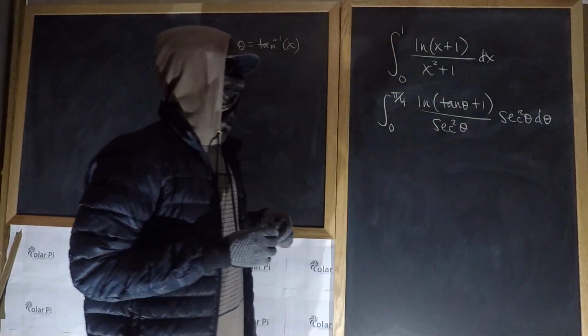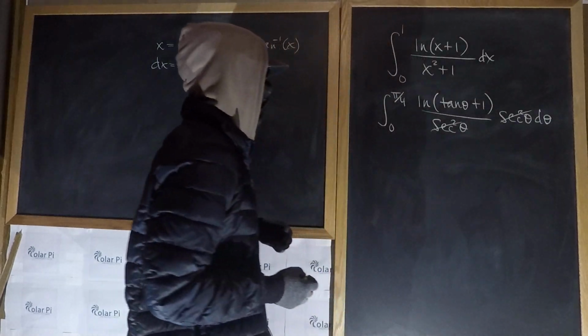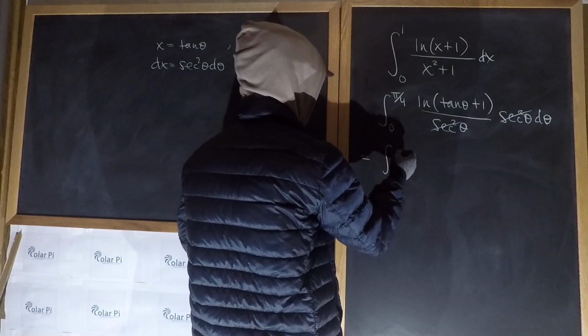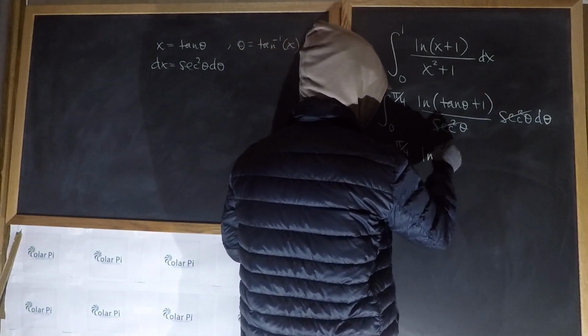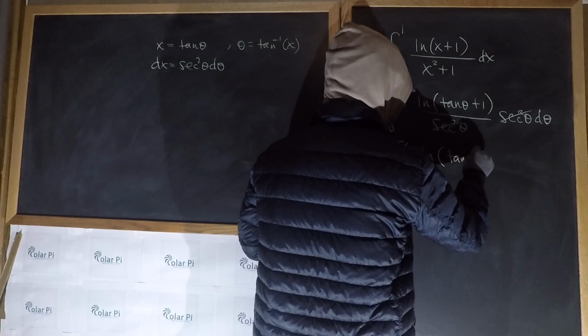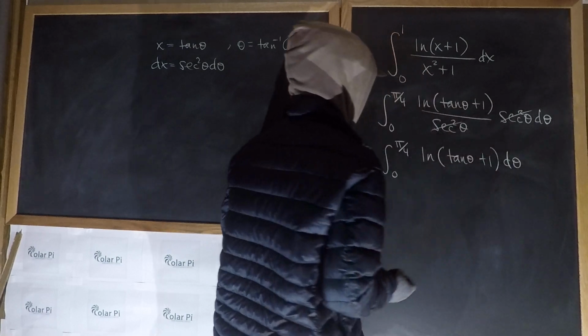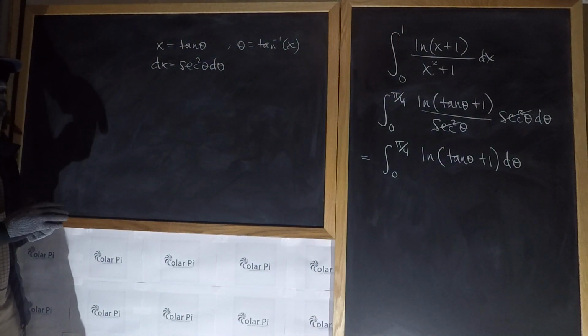Because now we can do this, which is go like that, right? So the integral is the same as 0 to pi over 4 of the natural log of tan theta plus 1 d theta, like that. Yeah? Okay, cool. Now, where to from here?